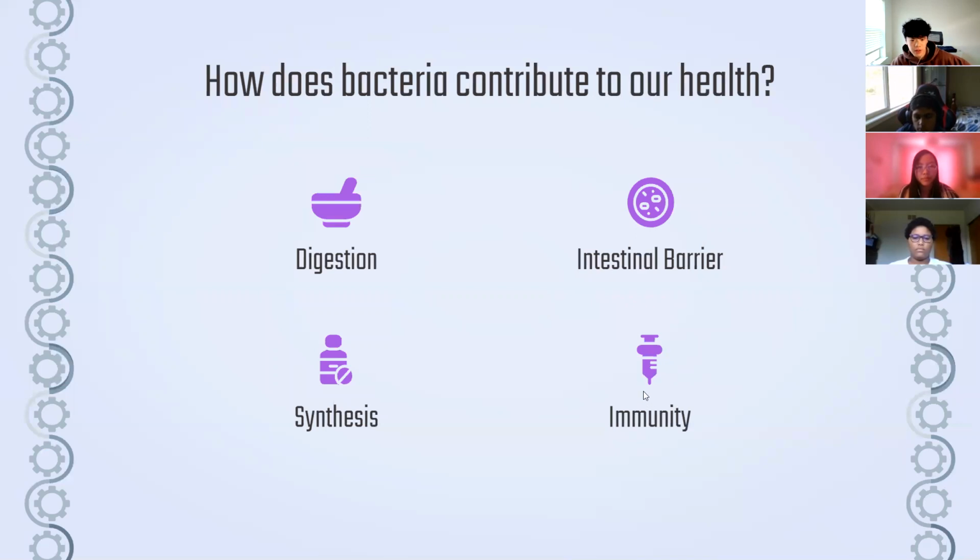And finally, bacteria also play a role against disease. They can protect against pathogen attacks. All these factors combined demonstrate bacteria's importance in keeping us healthy and how metagenomics can help us research and clarify their roles.